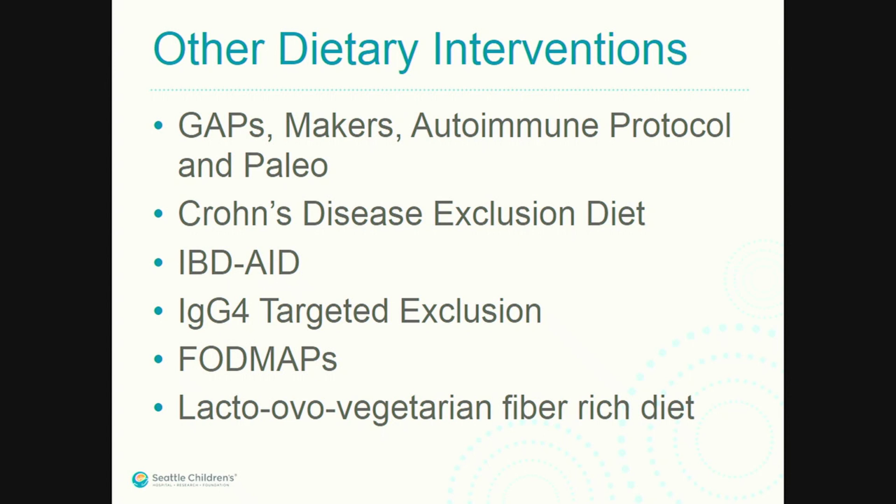And then there are other diets, such as the IgG4 diet and FODMAPs, that have been studied well and seem to help with symptoms, but not the inflammatory burden. And then the lacto-ovo vegetarian diet. There are a few studies, primarily coming out of Japan, suggesting that there is benefit when somebody is already in remission.